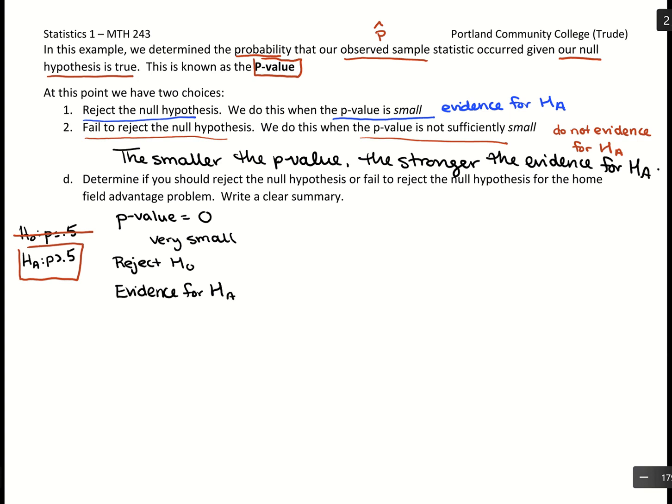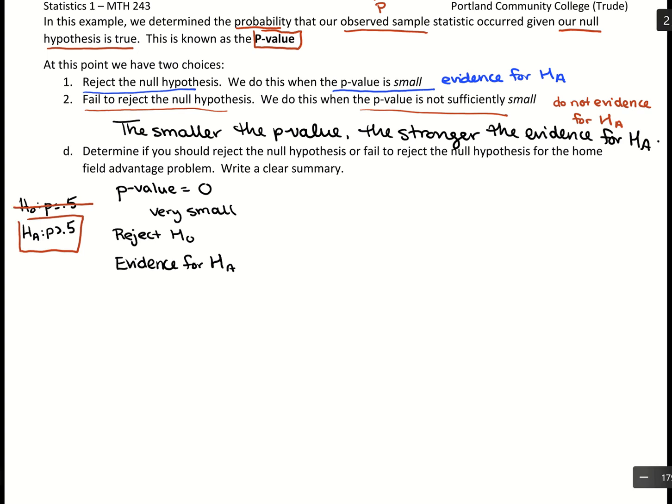So what we could write in our conclusion is we want to describe how we have evidence for this proportion being larger than 50%, or the idea of a home field advantage is what this translates to. When we say that we have evidence, we need to state the level of evidence. And with that, in our conclusions, we always need to state the p-value. So we would say with a p-value of 0, or really we should say with a p-value close to 0, anything's possible.